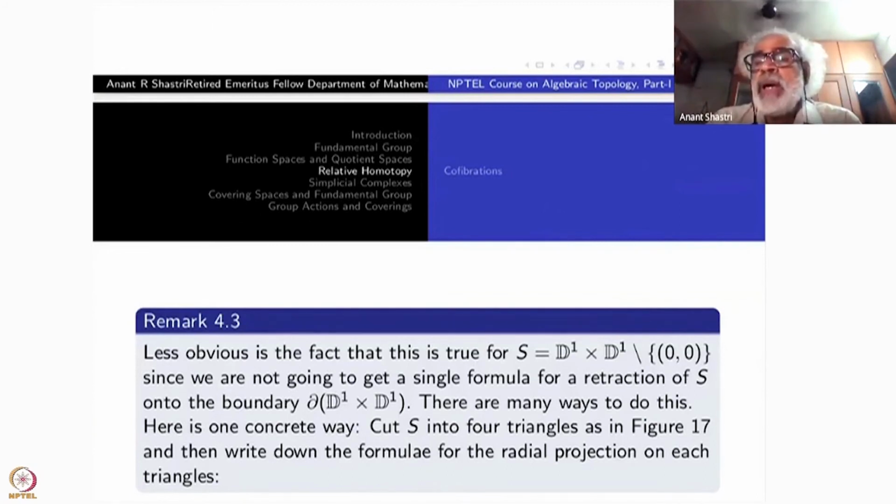What have I done? I have taken the square, then I have thrown away the origin. This space can be pushed, or you can say the boundary of this one will be a strong deformation retract of the entire space. There are many ways to do this.